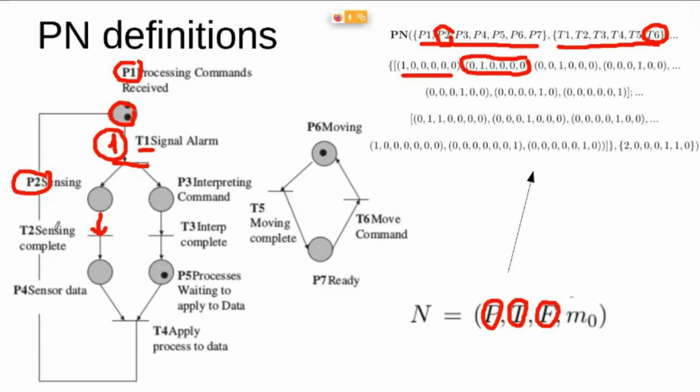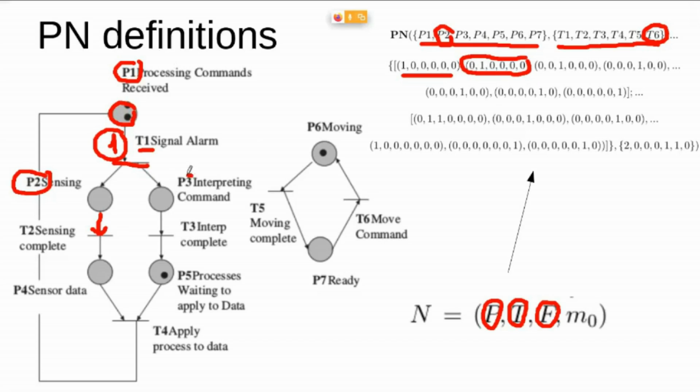And this transition is T2, not T1, T2, because in this flow we are taking the places as the origin and the transitions as the destination or target. So P2 is connected only to T2. That's why here we have a 0, 1, and the remaining numbers are 0.